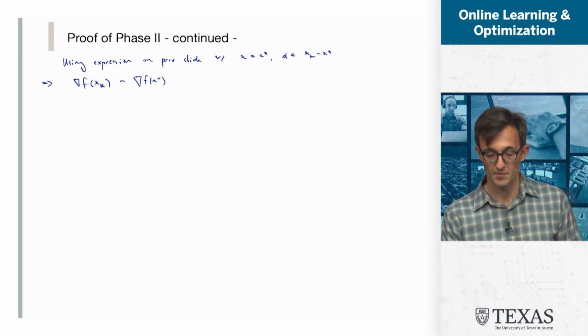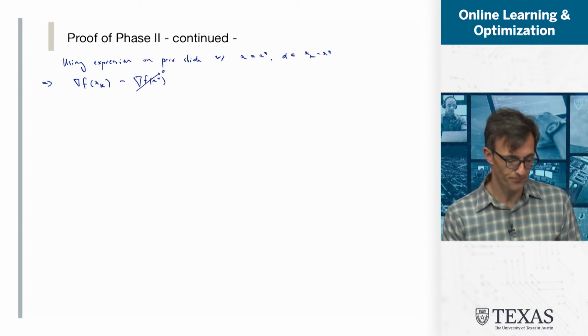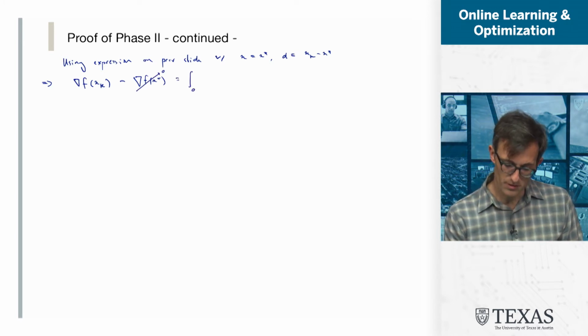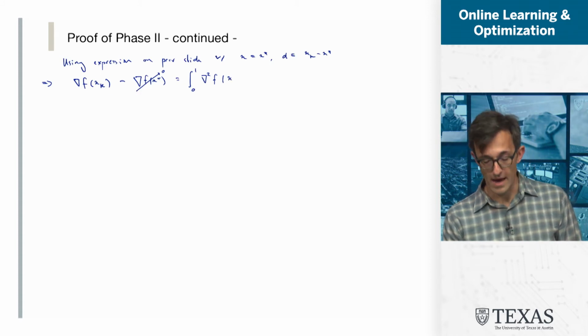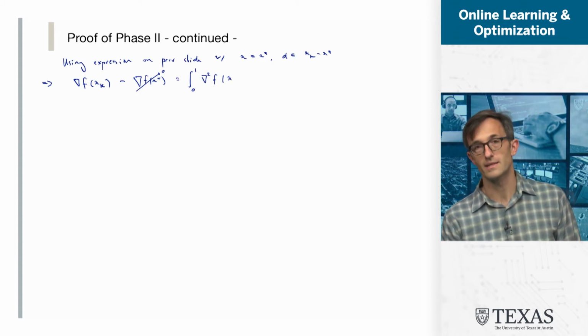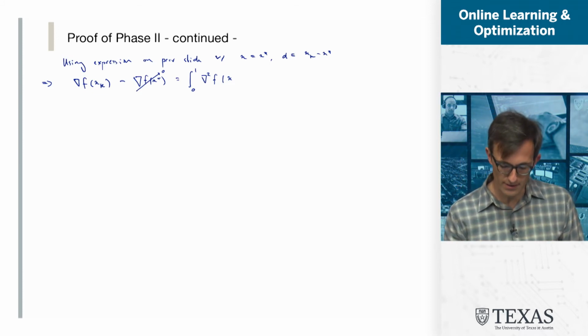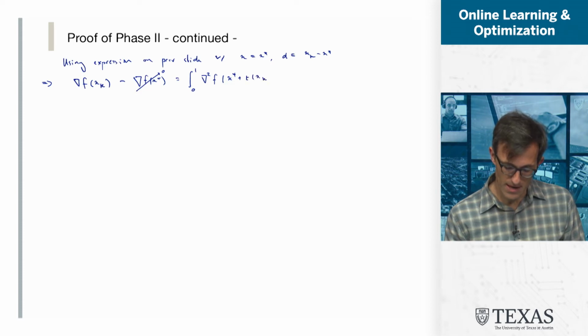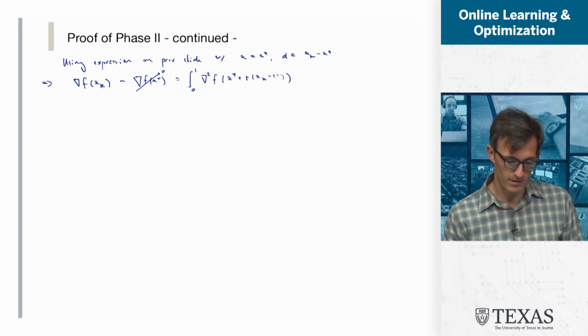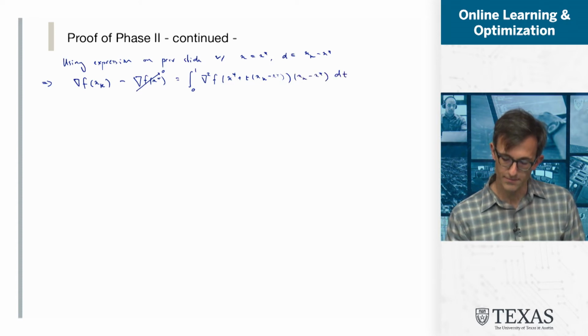This is an unconstrained optimization problem, so we know that this is 0. This is equal to the integral from 0 to 1 of the Hessian of f evaluated at, again plugging in x equals x star and d equals xk minus x star into the expression inside the integral from the previous slide, x star plus t times xk minus x star, times xk minus x star, dt.